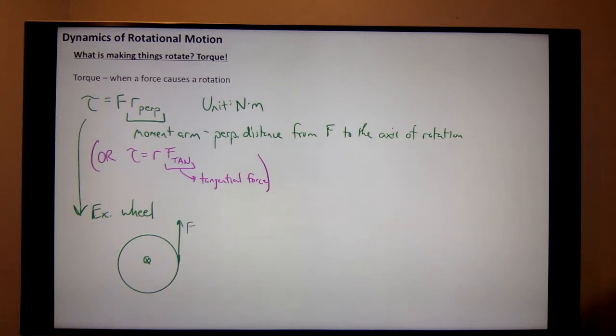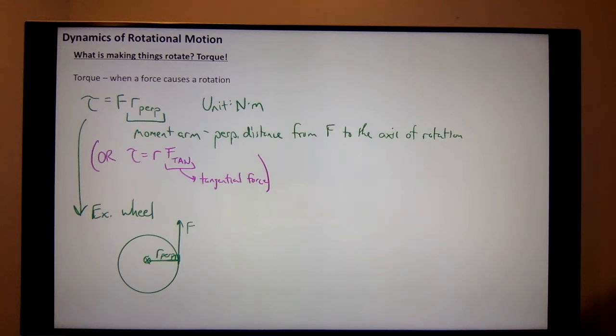So there's my force. If that's the force, and you can see the axis of rotation, the perpendicular distance from the force to the axis of rotation is simply going to be this line, which is just the radius of my wheel. So this is R perp in this problem because it's perpendicular to the force. So there's nothing complicated there.